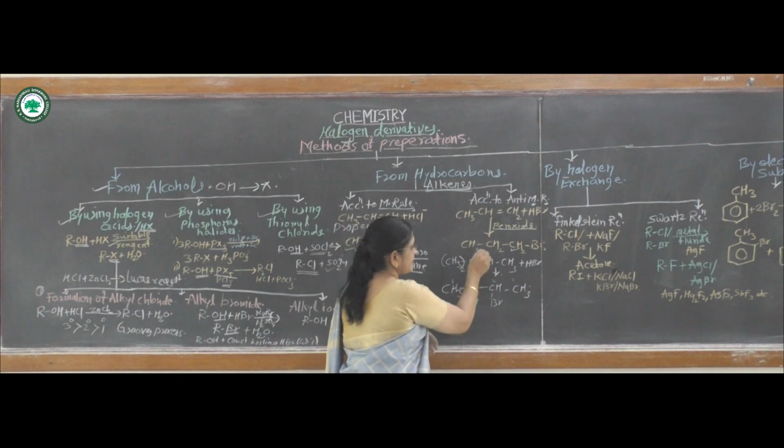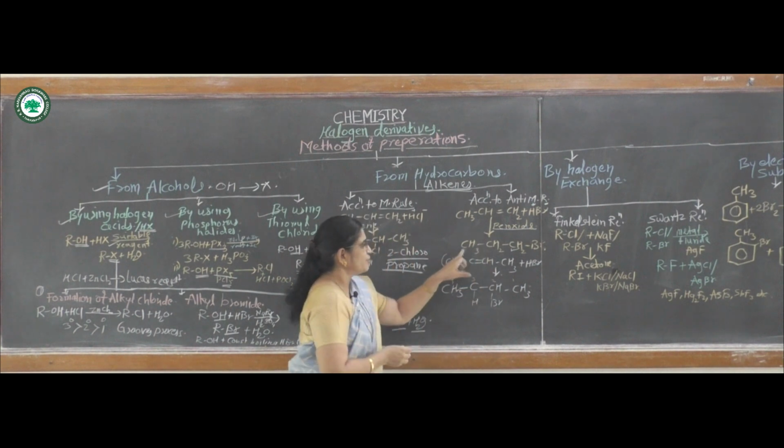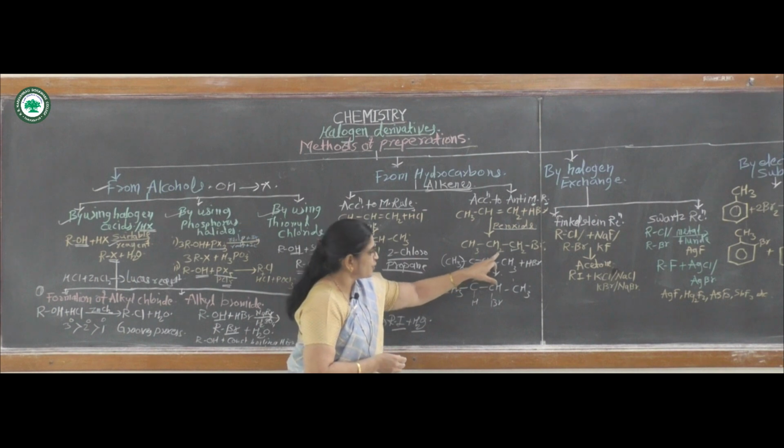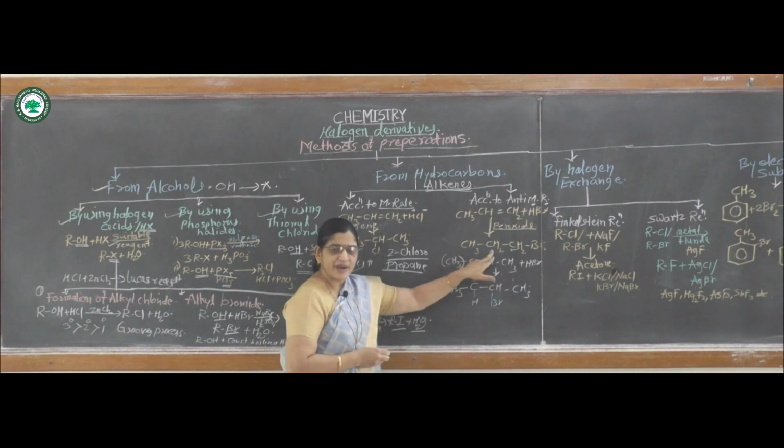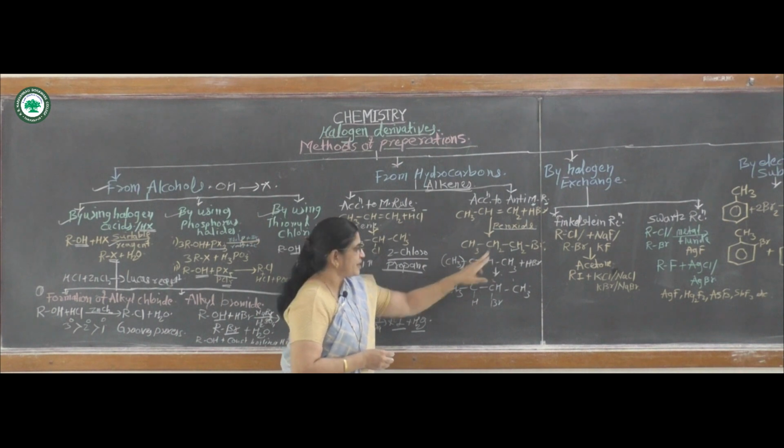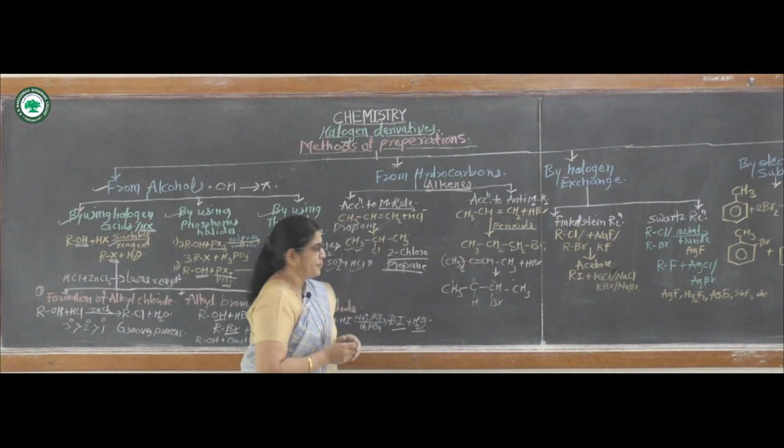Hence it gives the main product bromopropane or propyl bromide. The common name of this compound is propyl bromide, and the IUPAC name is 1-bromopropane.